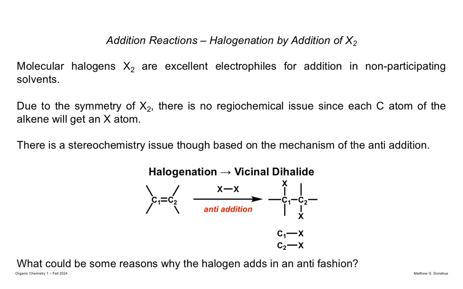So we're cruising now. We're on to the fourth reaction of today. And so now we're going to look at a symmetric addition using molecular halogens. So this is X2. So halogenation using X2.